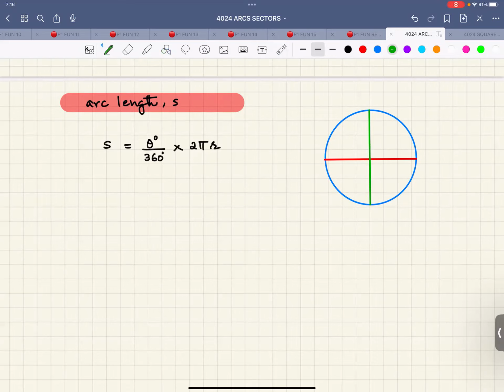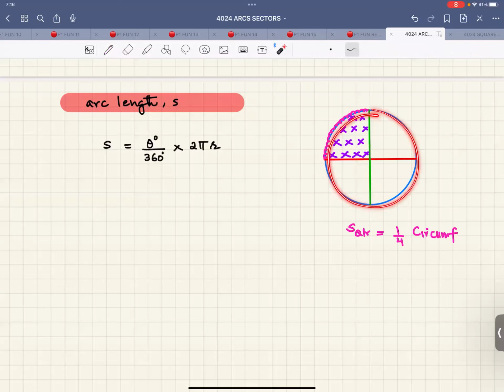And maybe if I talk about just one region, that is like a quarter circle. So we know that the area of this quarter circle, or let me first talk about the arc length. If I talk about this arc length that's over here, so the arc length of this quarter circle will be 1/4 that of the circumference of this circle. Make sense? Because the circumference is the whole thing, we are taking only 1/4 of it.